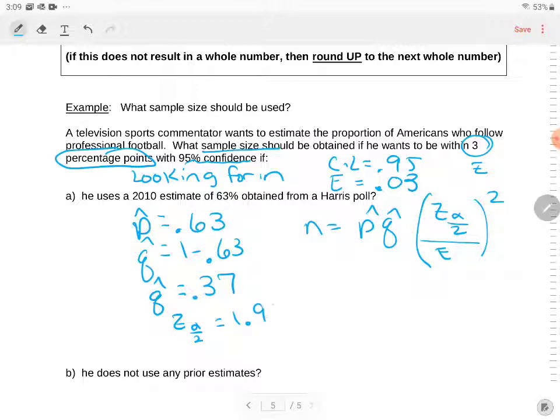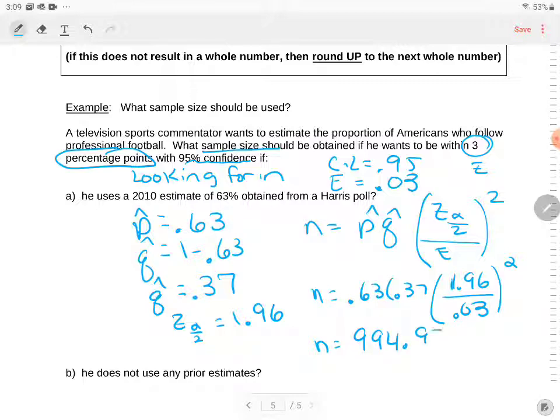These values do not change. So n is equal to 0.63, 0.37, 1.96 divided by 0.03, and quantity squared. That's just a formula. You plug in your information. So n is equal to 994.9744. Now in this case, we will always round up. So we will need 995. So we would need to poll 995 people to answer the question.